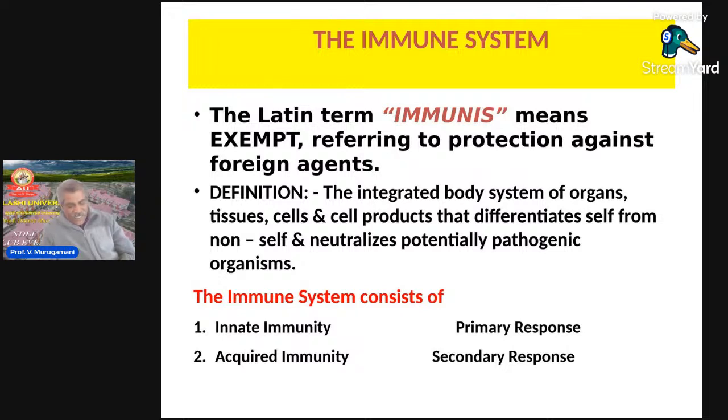Secondary. In the secondary defense, even though some pathogens or microorganisms enter the human body, first they are defended against by lymphocytes, that is white blood cells. These lymphocytes combat and fight the microorganisms.